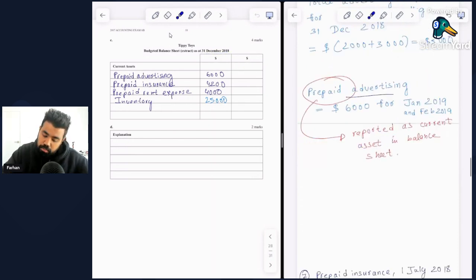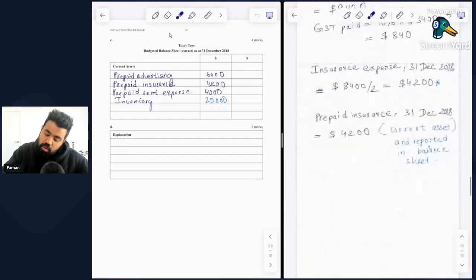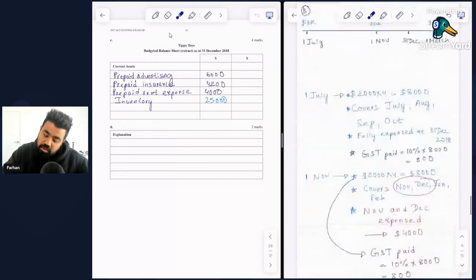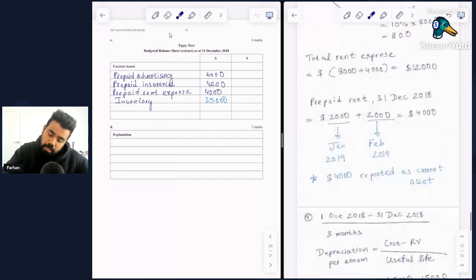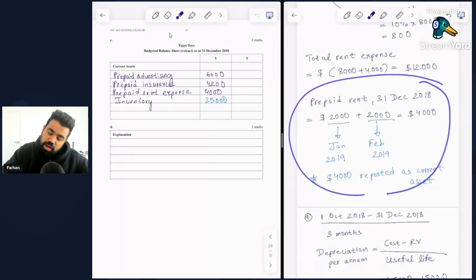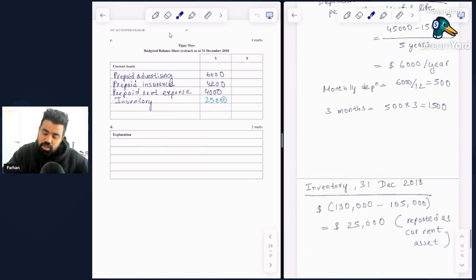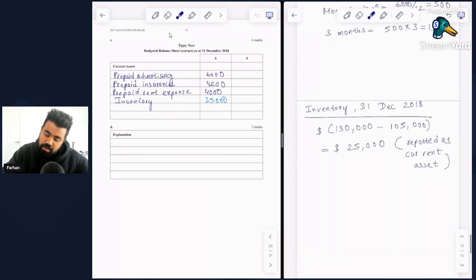Then we got prepaid insurance at 31 December 2018 of $4,200. And then we have prepaid rent expense as well for the month of Jan 2019 and February 2019, and that's $4,000. And lastly, we're including the closing inventory of $25,000, which is what we have calculated at the end.